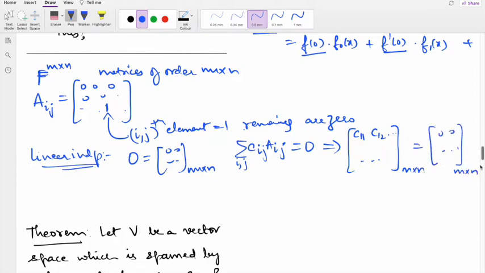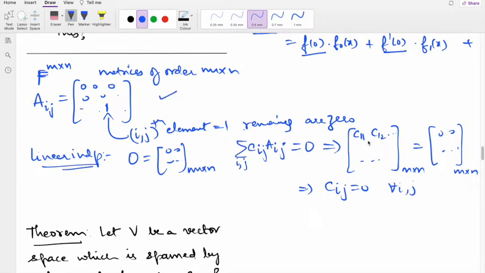This implies that each of these c_ij has to be 0 for all i, j, which means that these matrices which I defined, A_ij, are linearly independent.